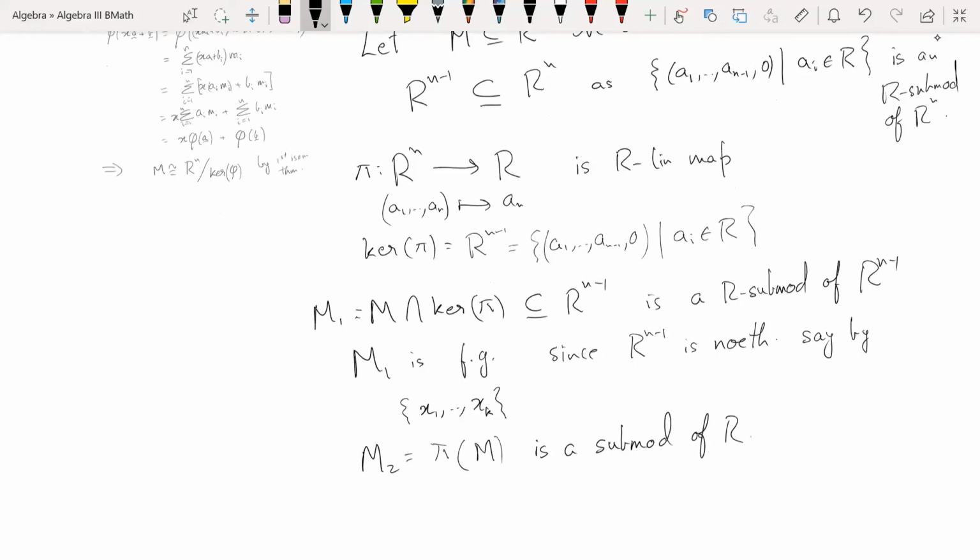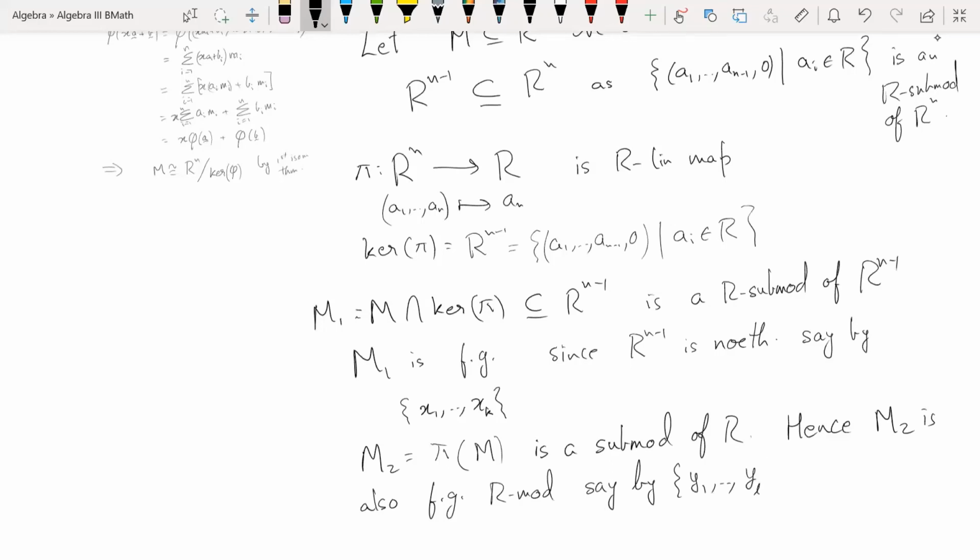Hence, since R is Noetherian, M2 is also a finitely generated R-module, say by another set of elements y1 to yl.